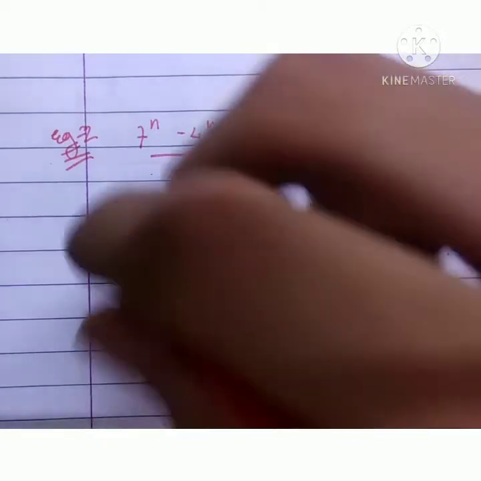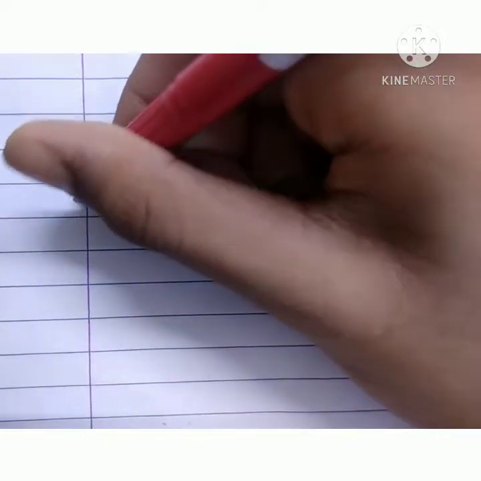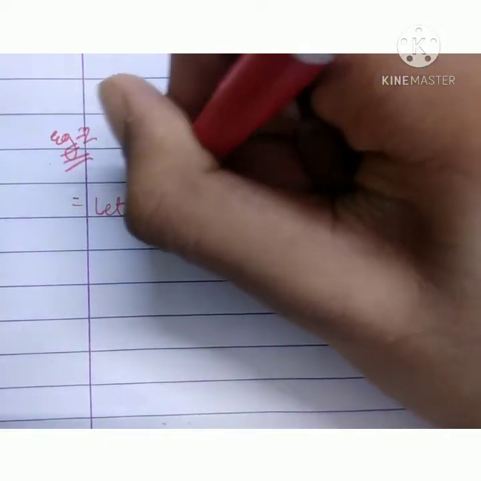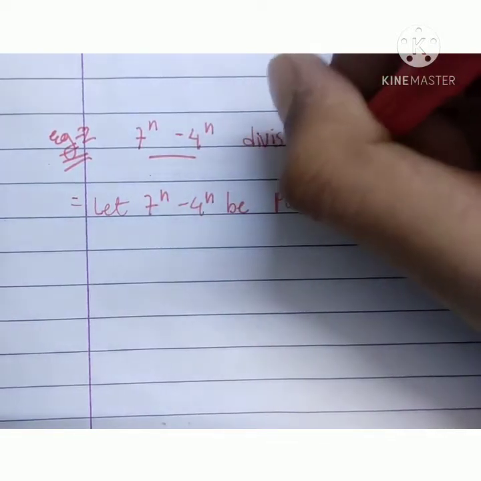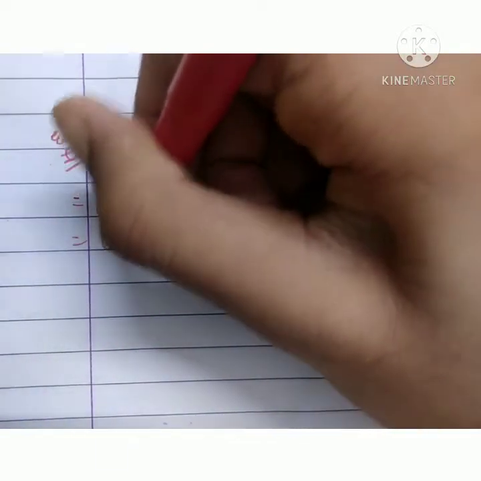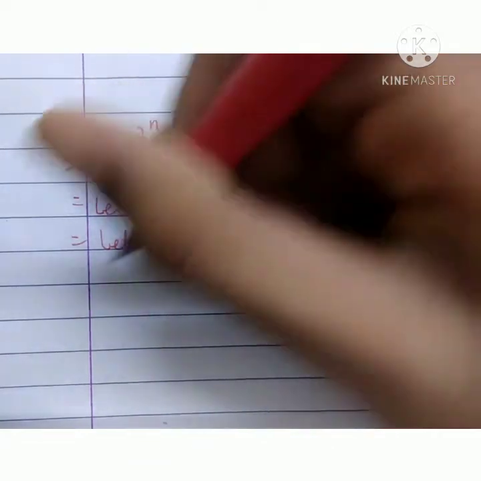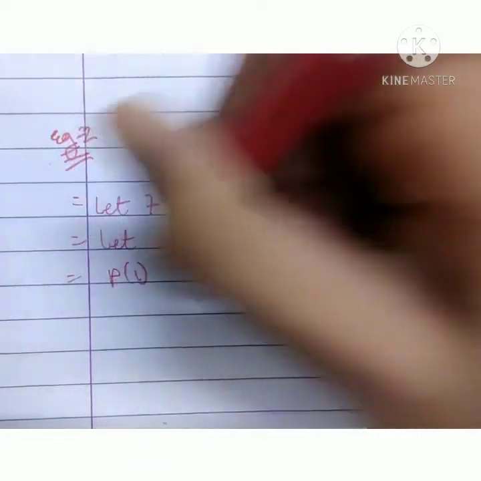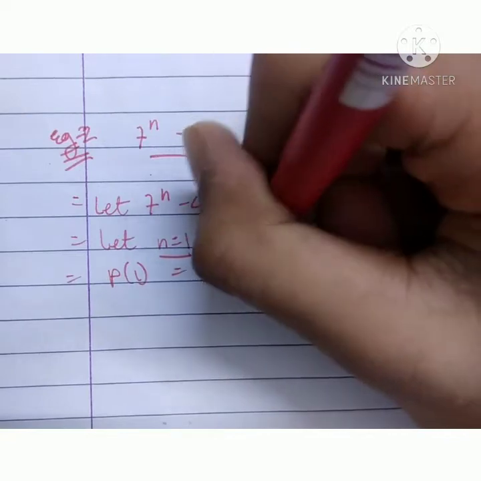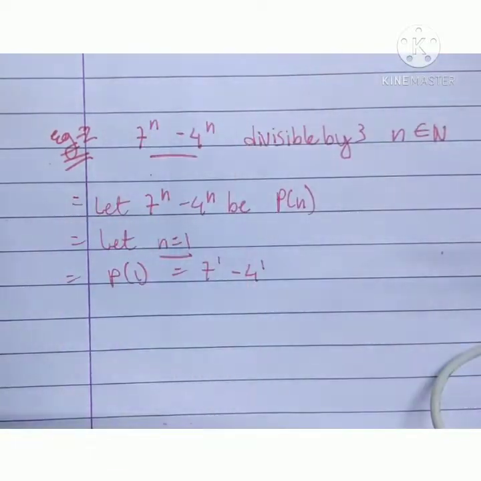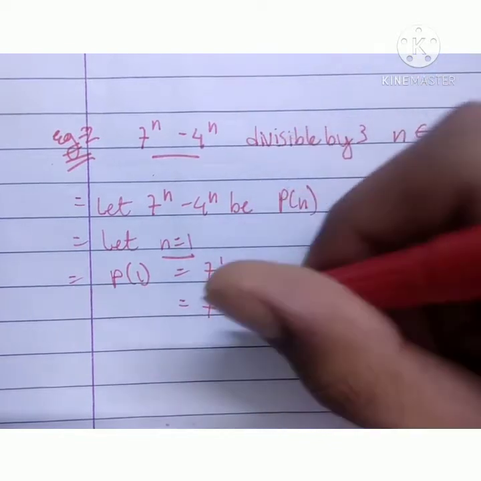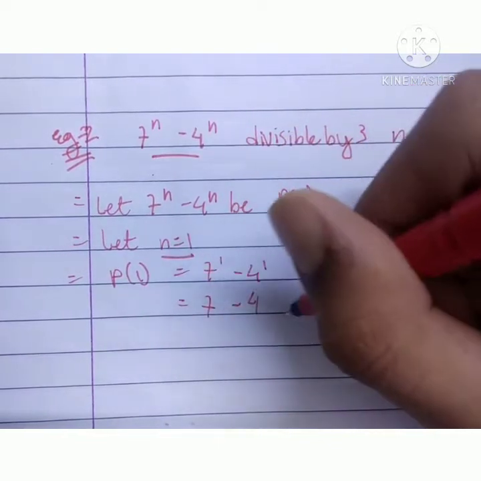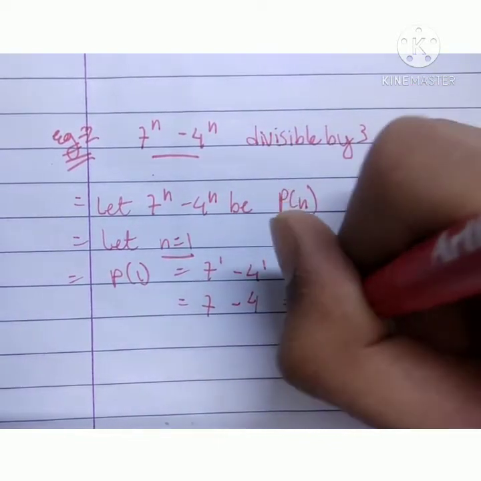First we write, let P(n) be the principal statement. Let n be equal to 1, because P(1) is 7 raised to 1 minus 4 raised to 1. Now 7 raised to 1 is 7 only, and 4 raised to 1 is 4 only. Notice that 7 minus 4 is 3.